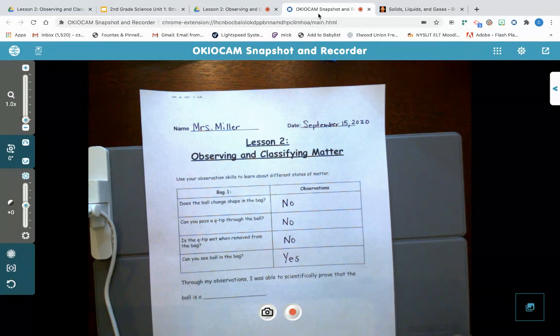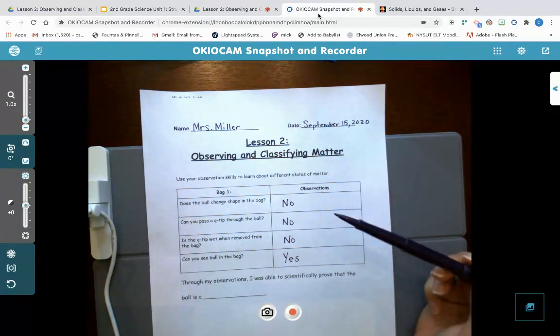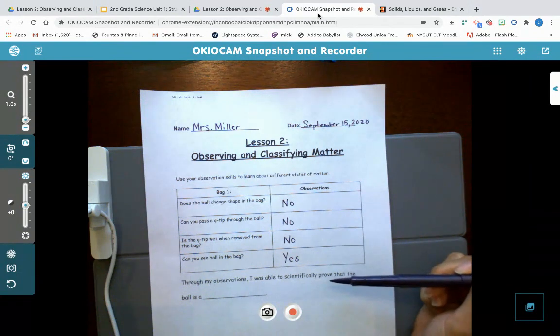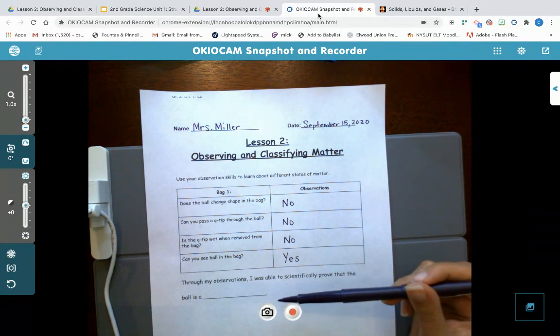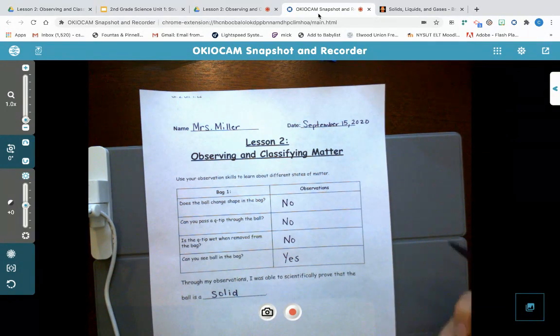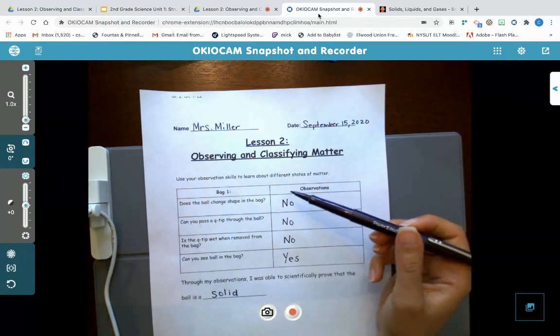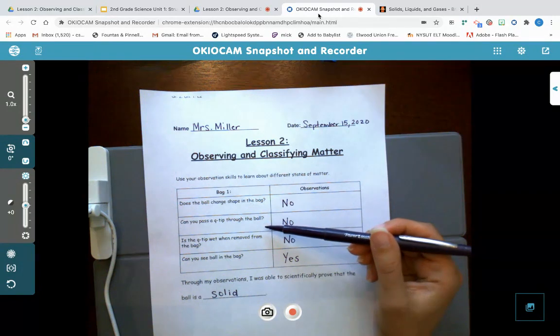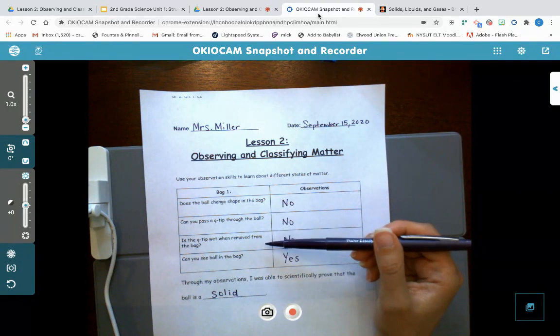All right, so you might have said something like this. I was able to scientifically prove that the ball is a solid. I want to write the word solid here. Did you think it was a solid too? Yes? Okay, make sure that you write that word. And maybe you said something like this. I know it's a solid because it does not change shape. I cannot pass another object through it.